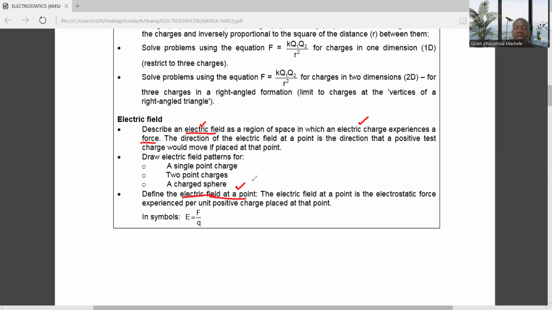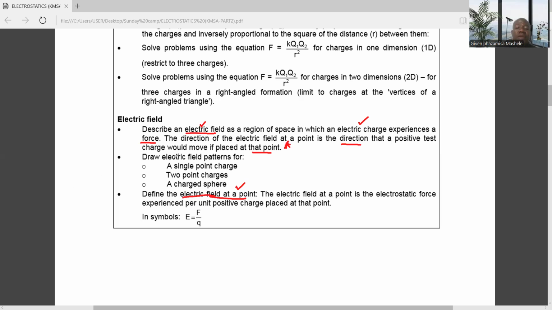Particularly, we'll be talking about how to calculate the electric field or the electric field strength at a point due to other point charges. The direction of the electric field at a point is the direction that a positive test charge would move if it is placed at that point. So this is what we'll be talking about when we actually calculate the electric field at a point.